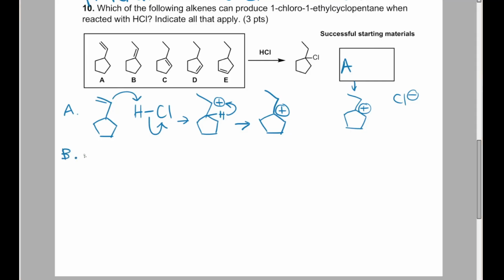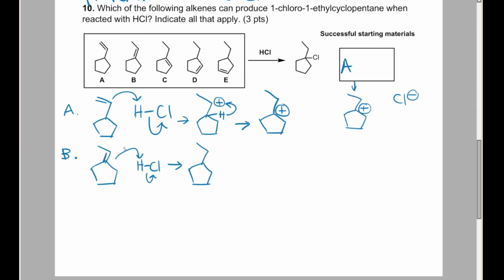For starting material B, a similar thing happens. This double bond is going to grab the hydrogen, and the chlorine will disassociate from the bond, and we'll have an intermediate carbocation that's either going to be on this carbon or this carbon. Basically, it's on either end of the alkene, or the double bond. In this case, we don't really have to rearrange anything, because as you can see, there's 2 possible places the carbocation can end up.